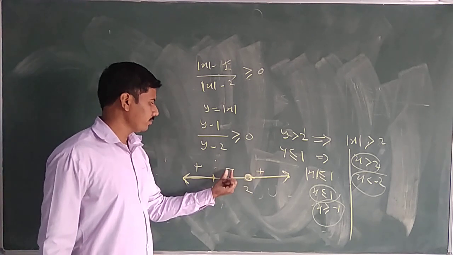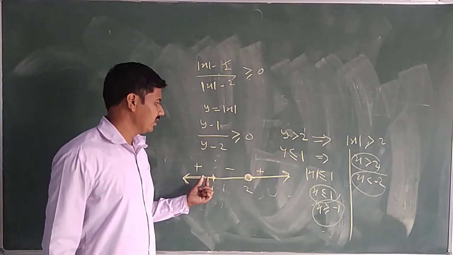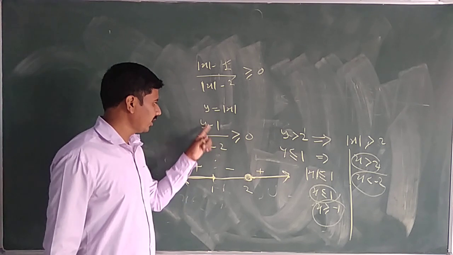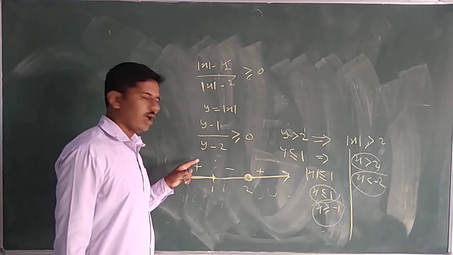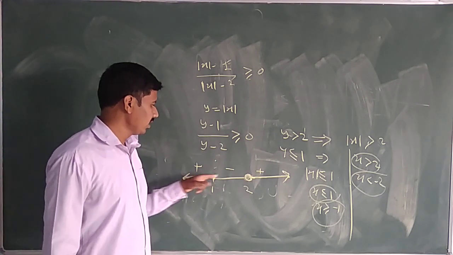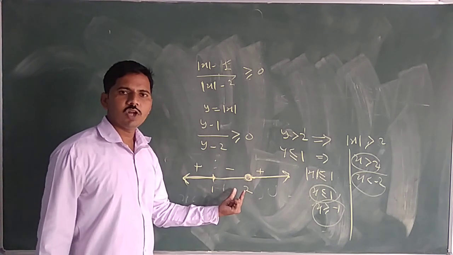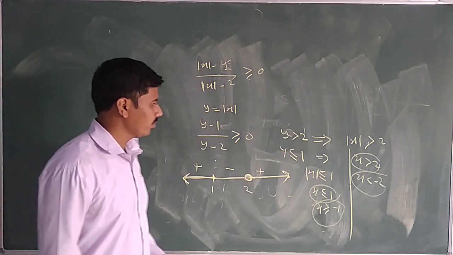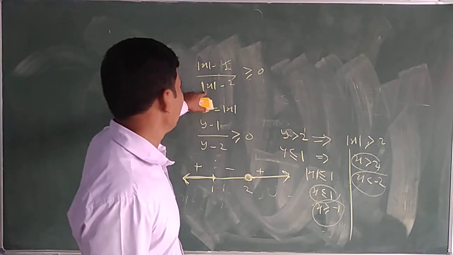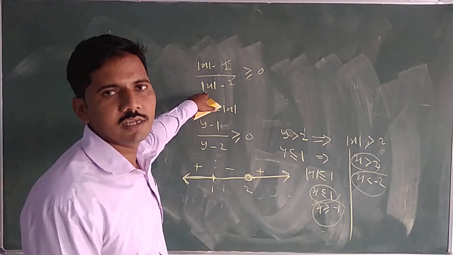Then apply the plus, minus, plus signs sequentially, and as this value is greater than 0, it should be a plus. All the values greater than 0 are plus. So the minus value will not come. We are not taking 2 because it is making the denominator 0. So likewise we are solving examples like this, where in the denominator we are getting a modulus.